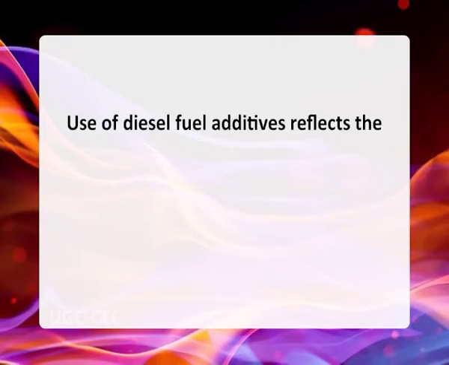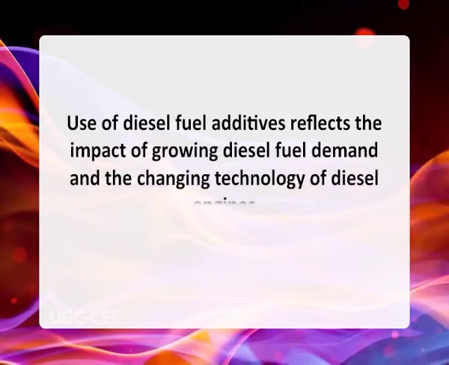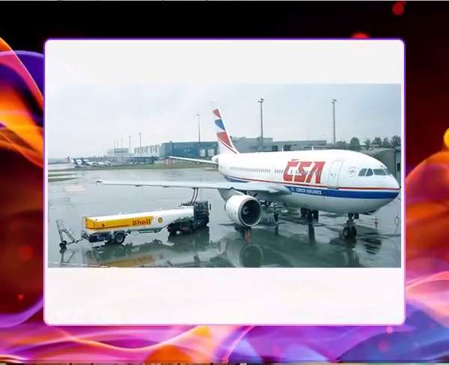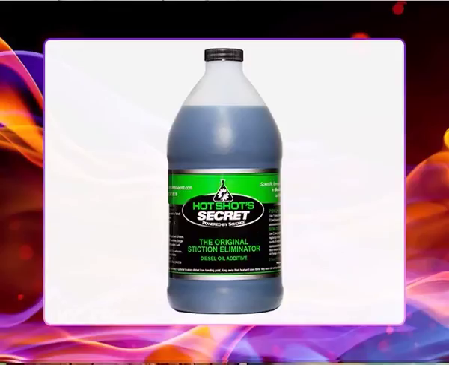Use of diesel fuel additives reflects the impact of growing diesel fuel demand and the changing technology of diesel engines. Sometimes additives are divided according to the name of fuel: gasoline, jet fuel, diesel fuel, and fuel oil additives.